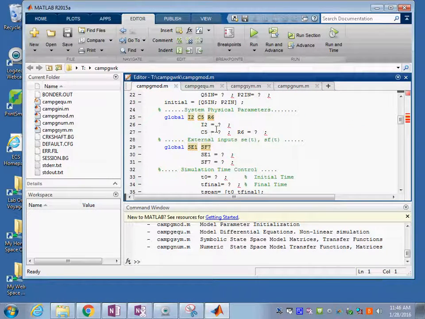For example, we do the I1, the C. I have some numbers that produce some reasonable pictures. And the source, we're going to do a 10.